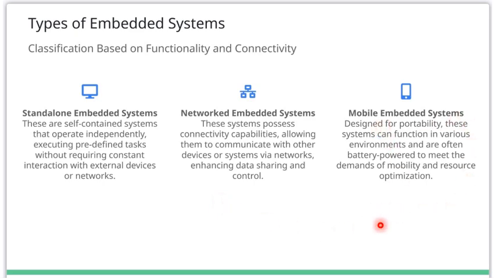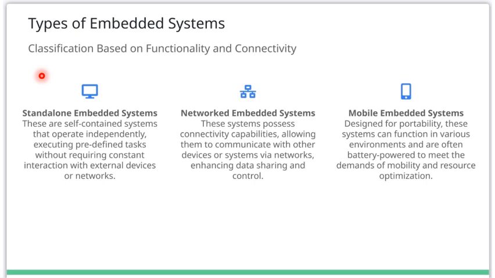The target here is portability, so it must be portable enough. These mobile embedded systems are mainly very small, portable, battery powered, and very low power consuming, and they are often used along with networked embedded systems.